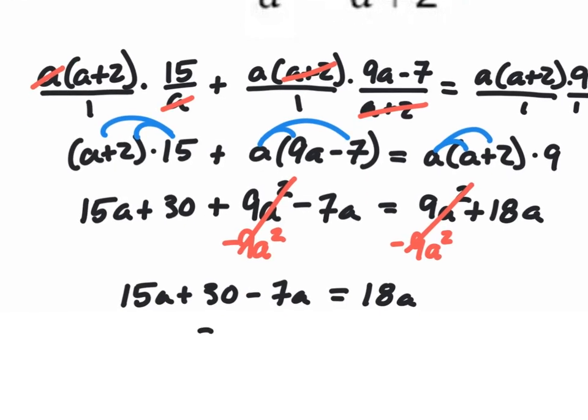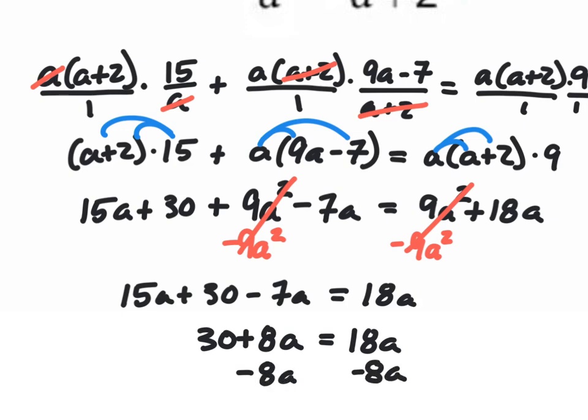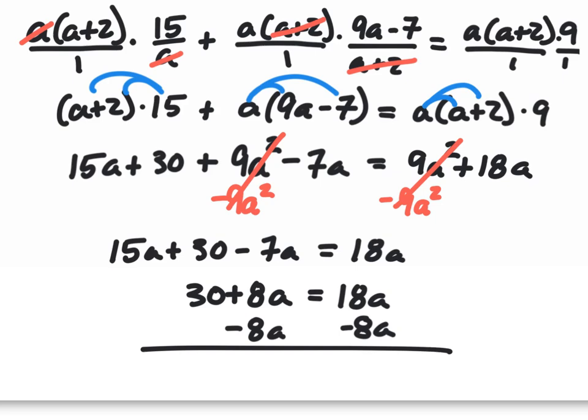So I've got 30 plus 8a is equal to 18a. If I subtract 8a from both sides, this gives me 30 is equal to 10a. If we divide by 10 on both sides, I end up getting that a is equal to 3.